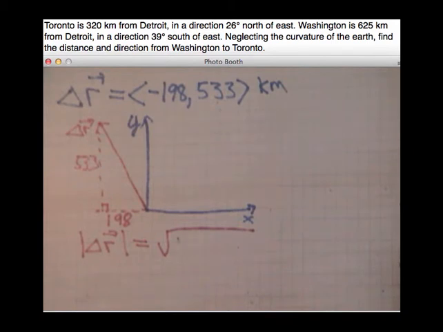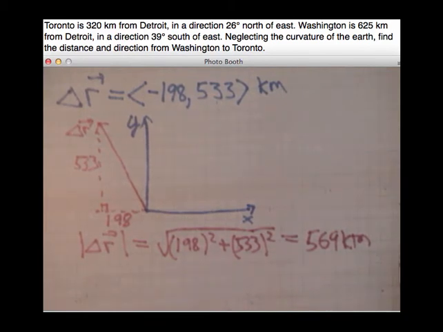So it's the square root of 198 squared plus 533 squared. And I plug those numbers into my calculator, and I find out that Toronto lies a distance of 569 kilometers from Washington.